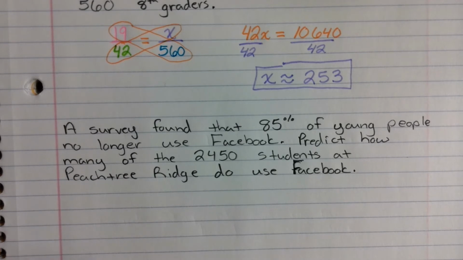So the survey found that 85% of young people no longer use Facebook. We're going to predict how many of the 2,450 students at Peachtree Ridge do use Facebook. I want you guys to do that one on your own.